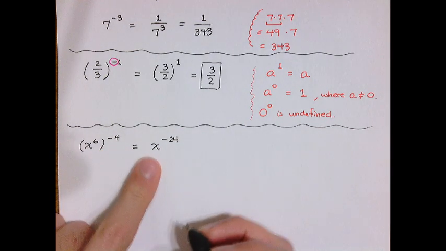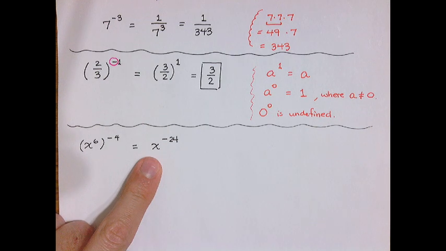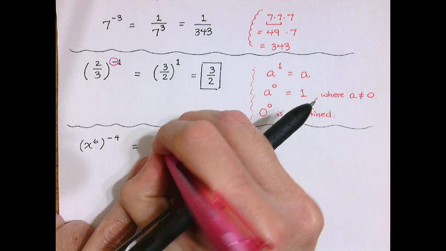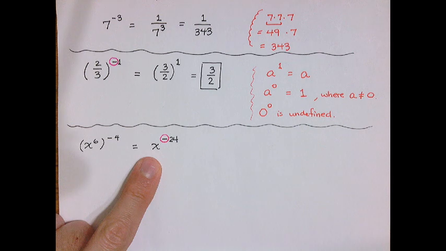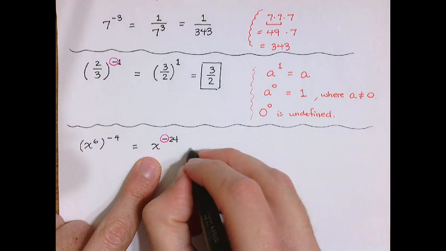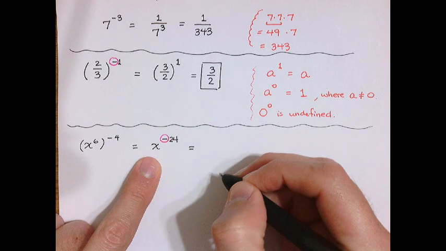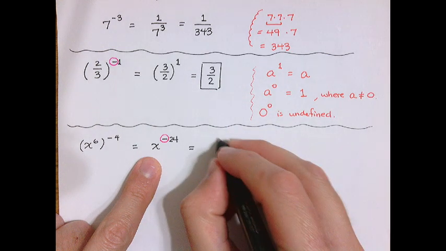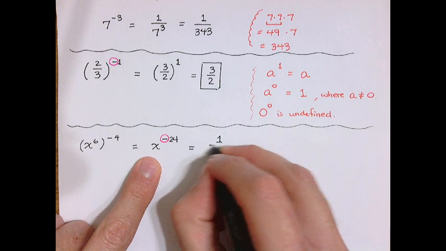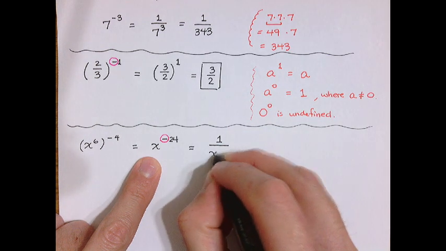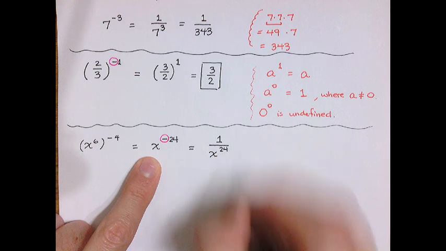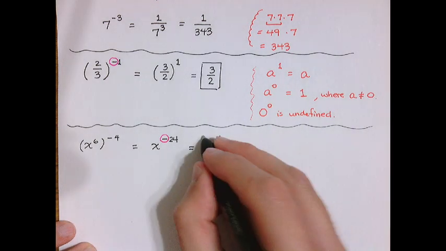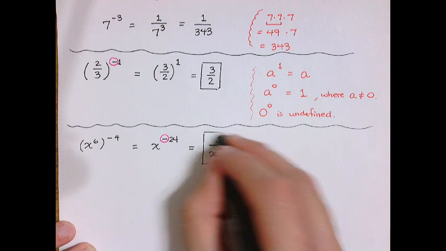But we don't stop here. This is not good enough because we have a negative power. And anytime we have a negative power, we need to rewrite this to be a positive power. And as we were showing above, we just do the reciprocal. So it's 1 over x to the 24th. That's it. That's all that we have to do.